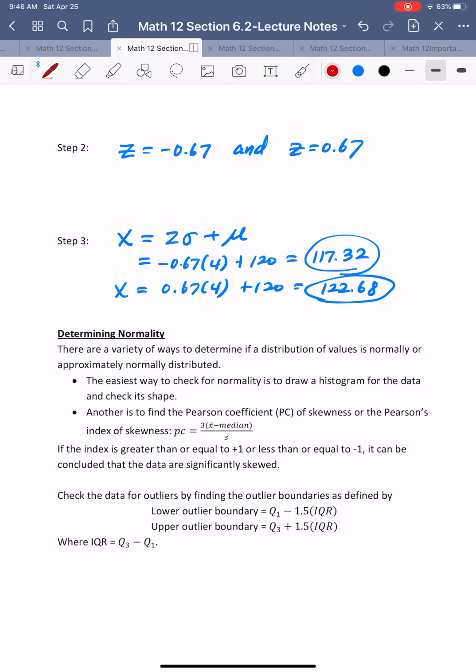If the index is greater than or equal to positive 1 or less than or equal to negative 1, then it can be concluded that the data are significantly skewed. Also check the data for outliers by finding the outlier boundary, which is the formula that we just learned earlier.